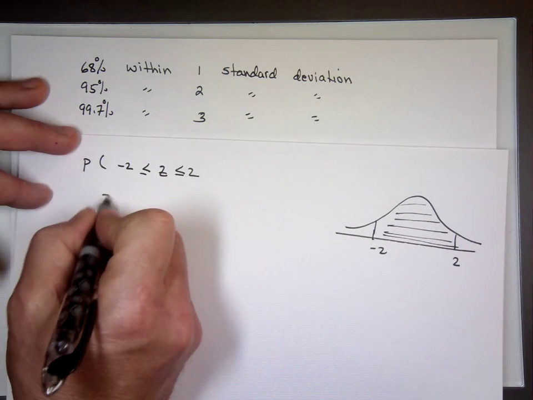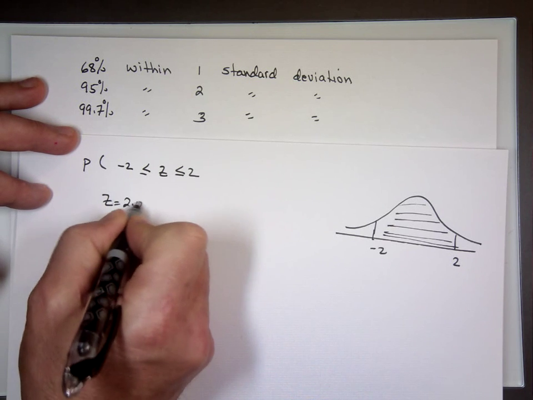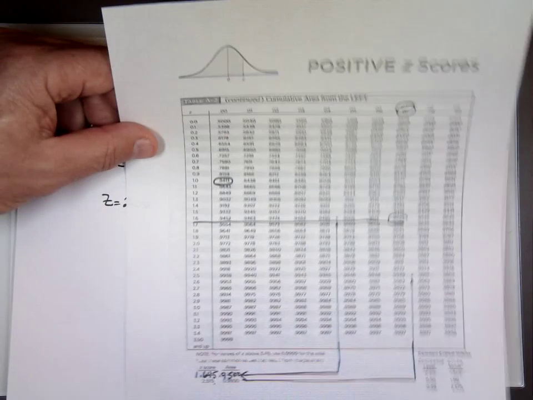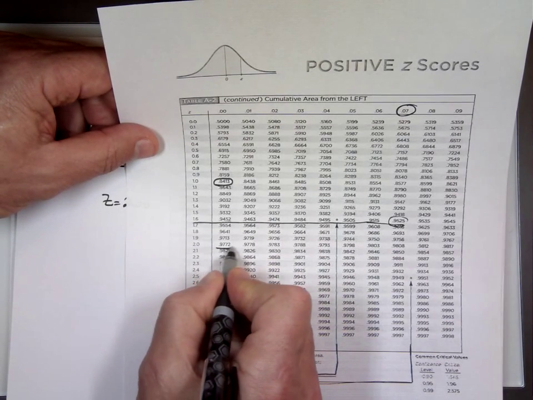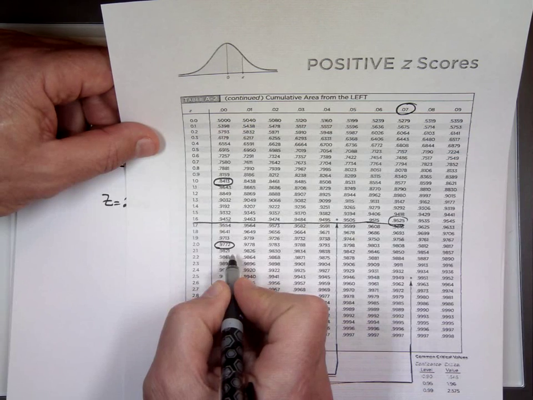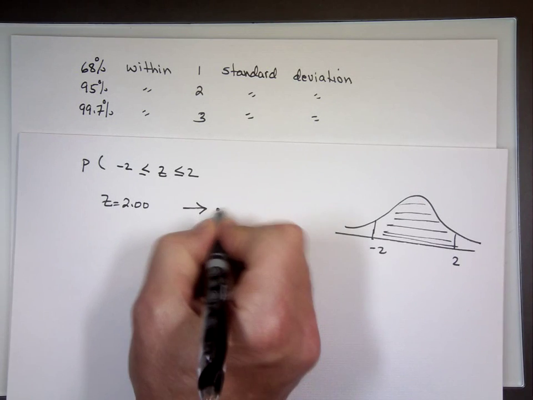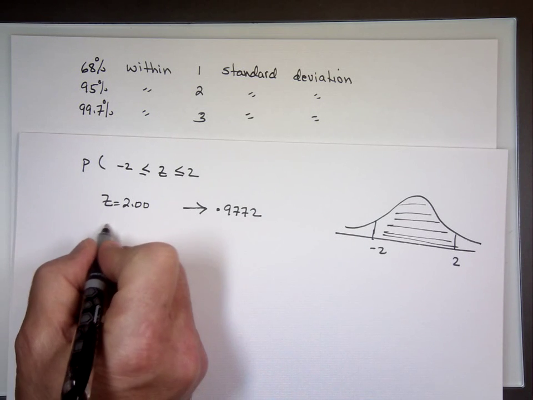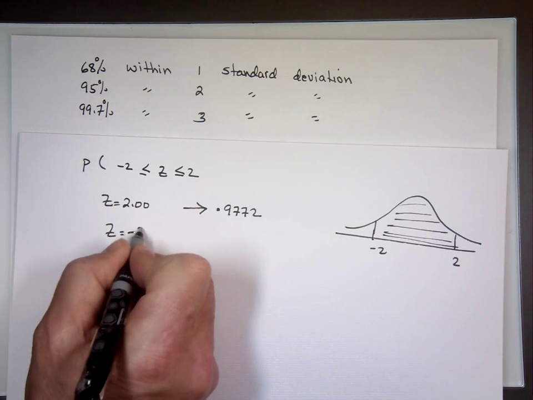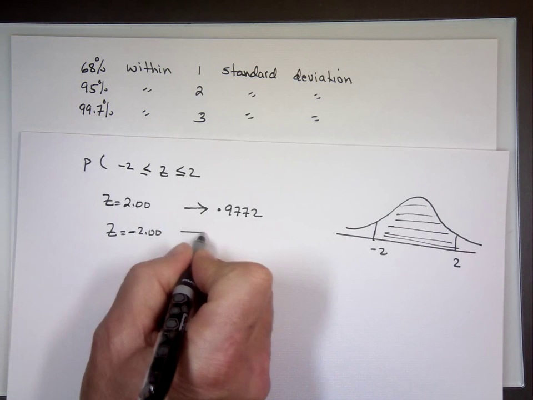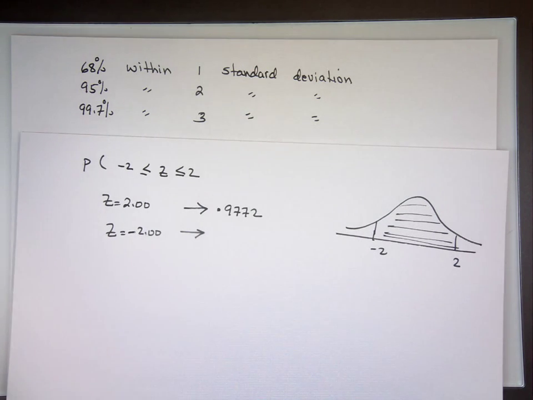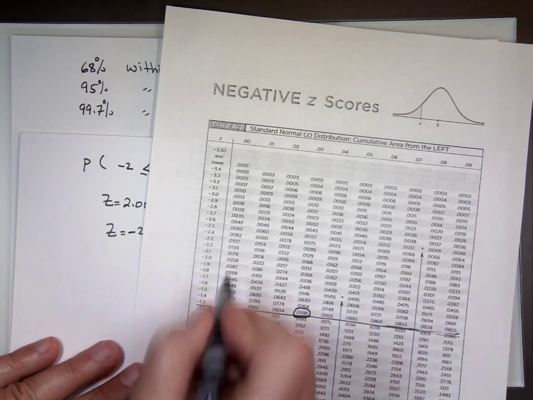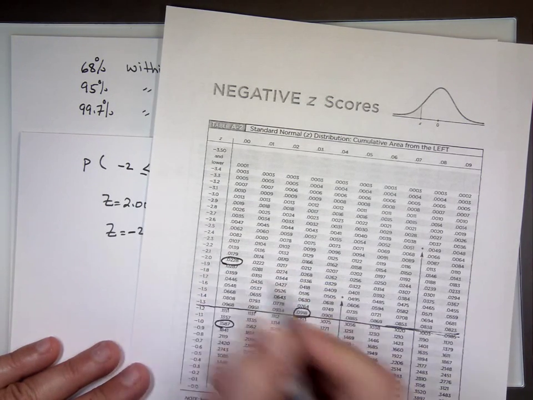So z equals 2.00. The area, according to the positive z-score, 2.00. See it? 0.9772. Now we look at z equals negative 2.00. That's the negative z-score. 0.0228.